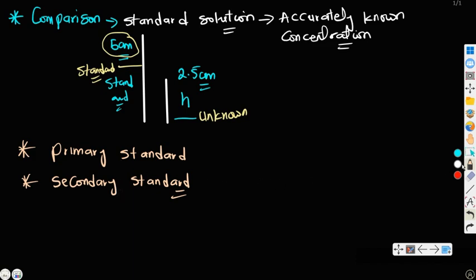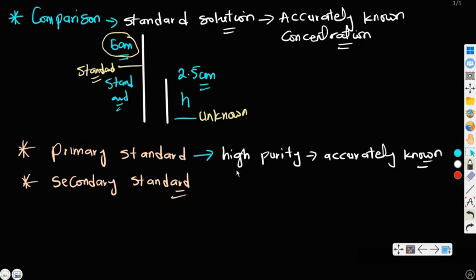Now, listen. The primary standard is a standard of very high purity, and the concentration is accurately known. That means it's very pure.